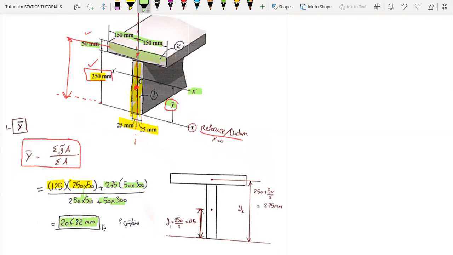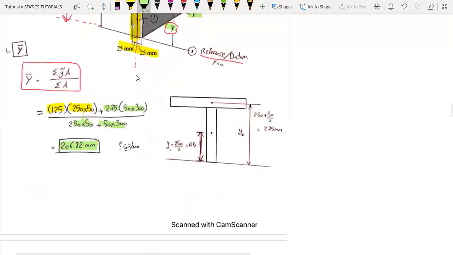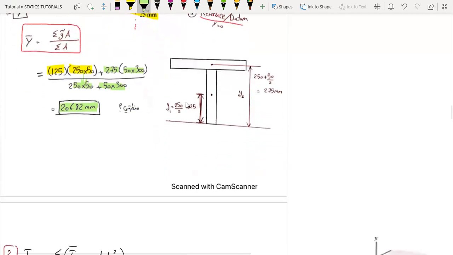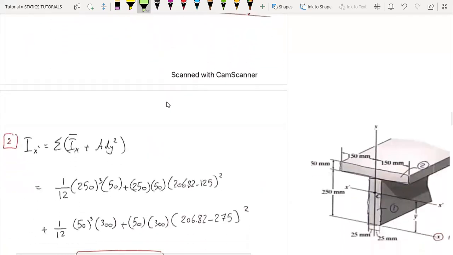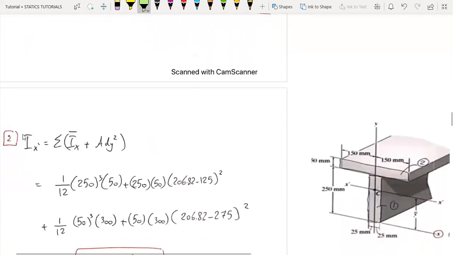Is it a reasonable number? Yes, because it is shifted towards the heaviest zone. Here the y tildes are 125 and 275. Now we are ready to use our equation.